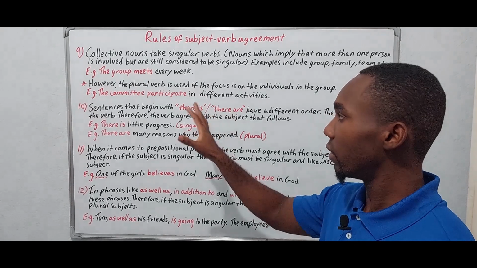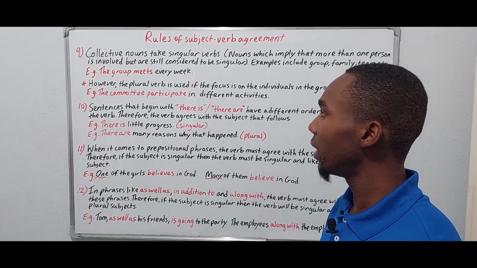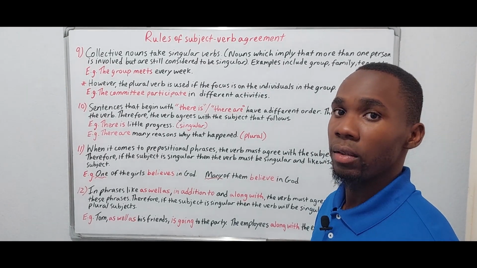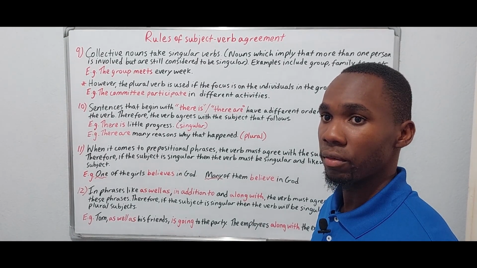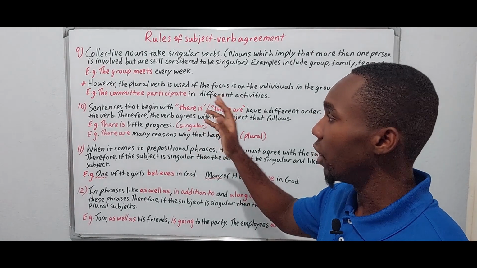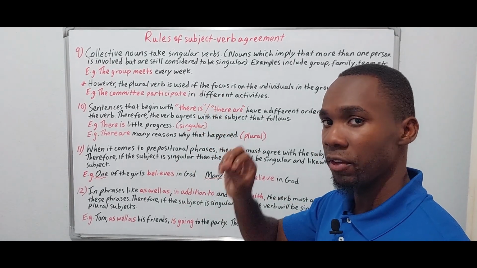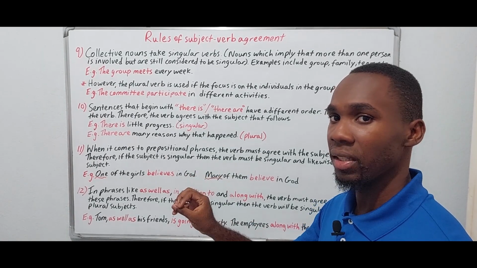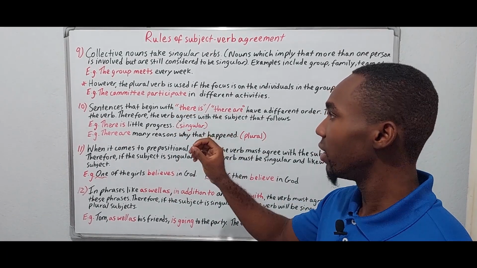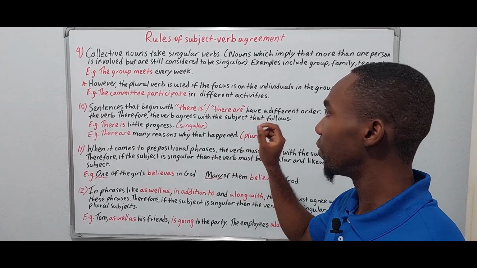Example: the committee participate in different activities. As you know, a committee consists of many different persons, but if we want to focus on the individuals that make up that committee, then we use the plural verb, right? So the committee participate in different activities.